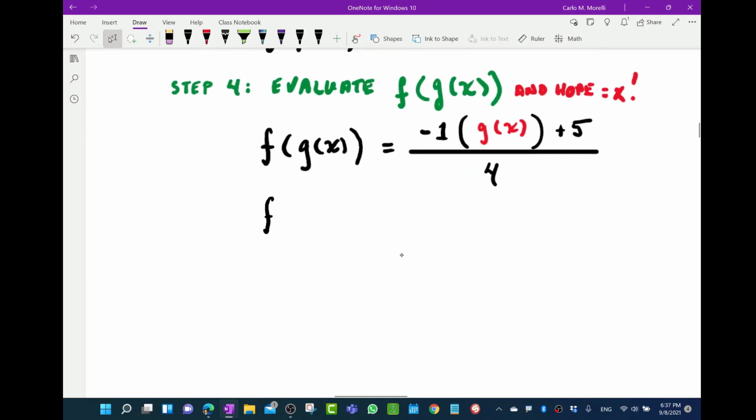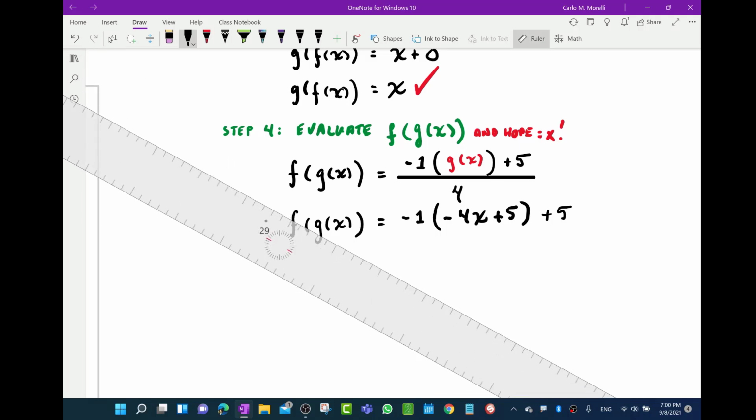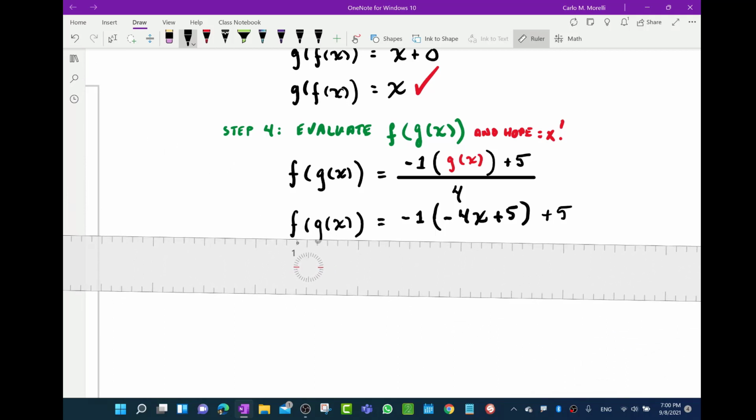So f of g of x equals negative 1, open parentheses, negative 4x plus 5, close parentheses. And now we need to put plus 5. We can't forget about this plus 5 because that was part of the f of x function. And then we put that whole thing over 4.